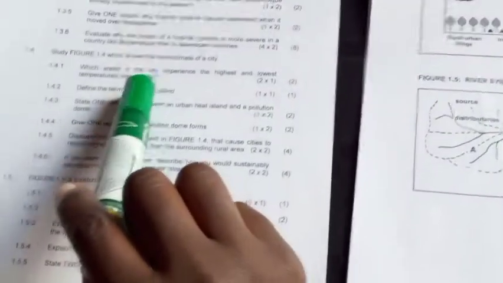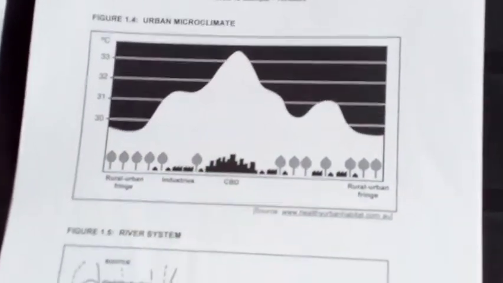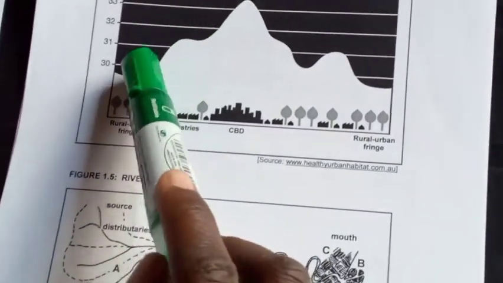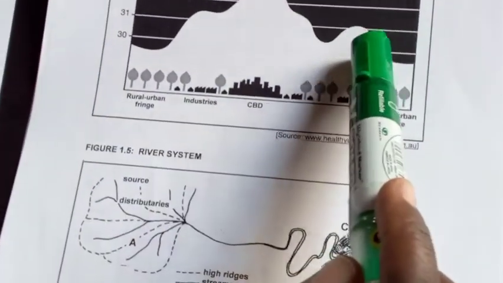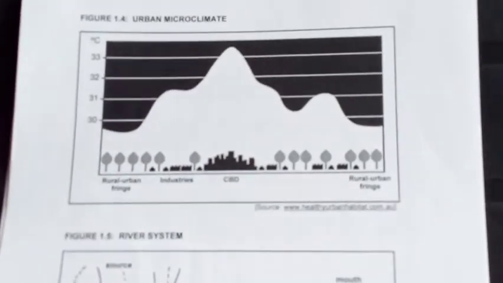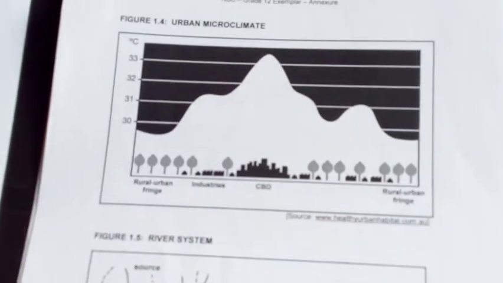Now here we can see our temperatures, and we can see that along our CBD, that's where we experience our highest temperatures, and temperatures start to decrease as we approach the rural urban fringe. So the CBD has the highest, the rural urban fringe has the lowest.